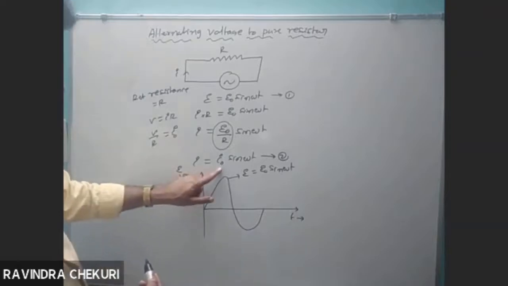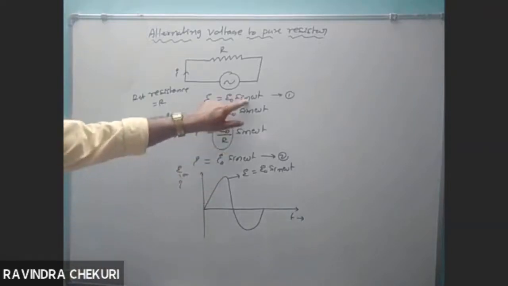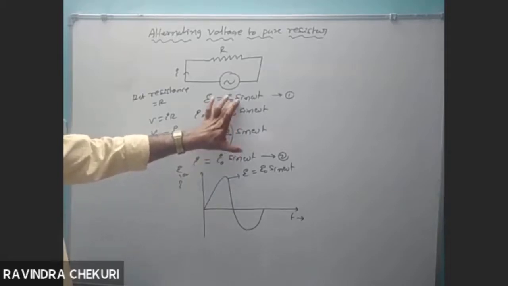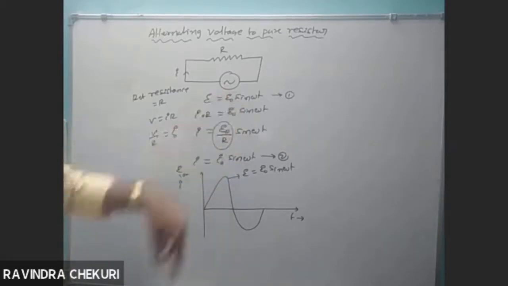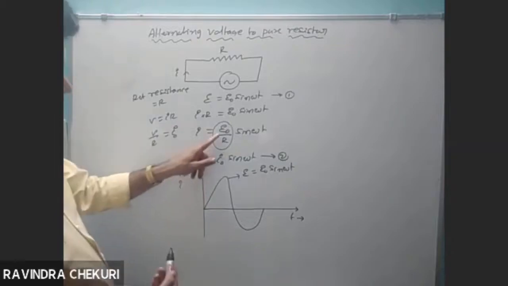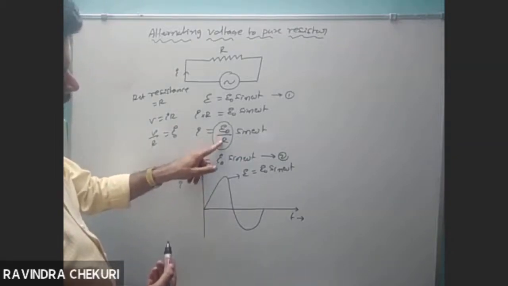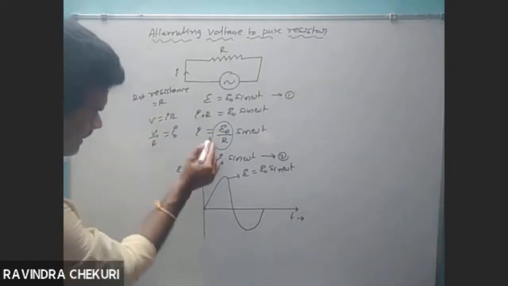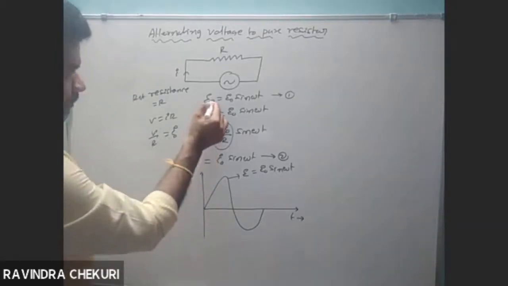And the current is sin omega t as well. The phase angle difference between applied EMF and current is zero. But I is equal to E0 by R, so the magnitude of the current is less than the applied EMF.